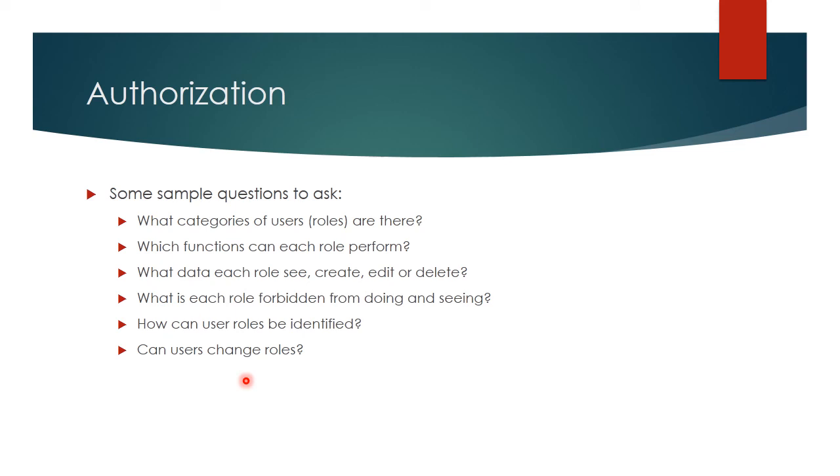Or that they are not allowed to escalate their role to something that is too powerful. There are still a lot more questions to ask when you are creating a good authorization list for your organization or for your users.